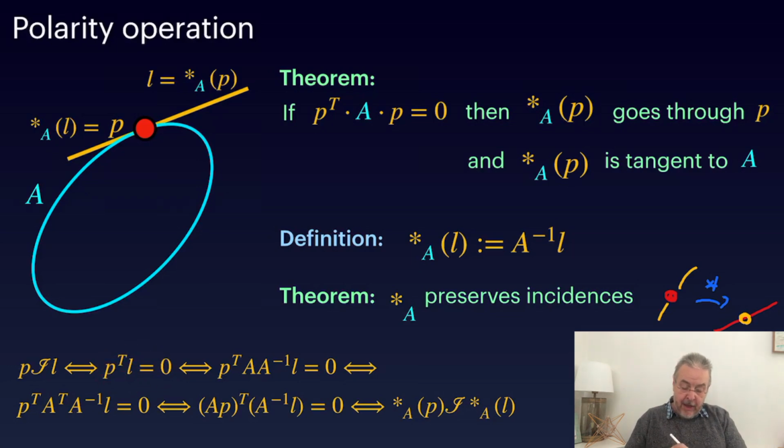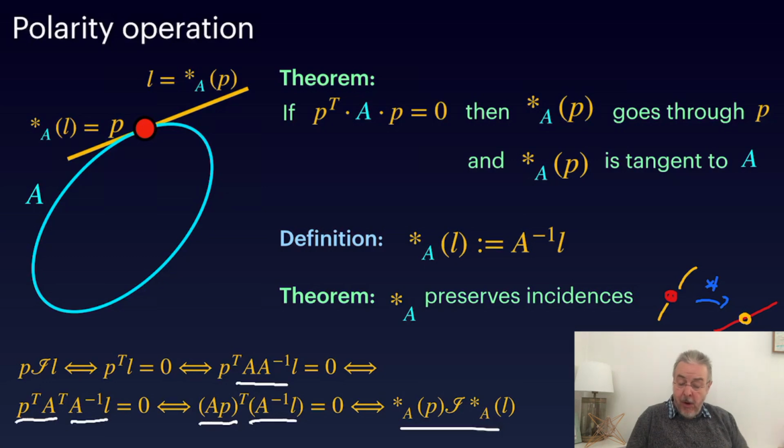We can slip in a unit matrix by slipping in A times A inverse. We can reformulate that by taking the transpose of A instead of A, because A was a symmetric matrix. And then we see that we can reformulate it as an incidence of those two objects. So we collect two objects into one entity, and the other two objects into a second entity. And these are actually the mappings of P and L under our star map, and we see that they have to be coincident as well.